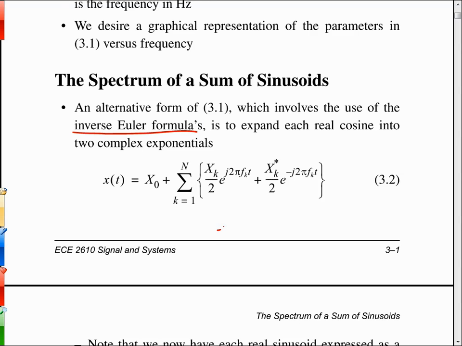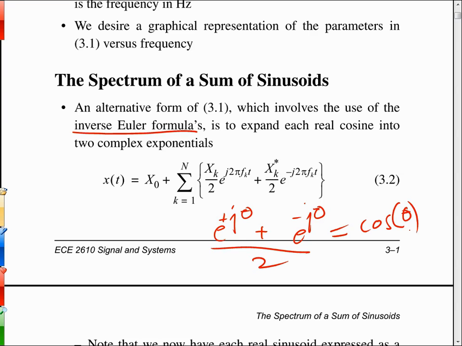So we have an e to the plus j term and an e to the minus j term. And we know from Euler's inverse identity that, for example, is cosine theta. So that's the basis for expanding things out.